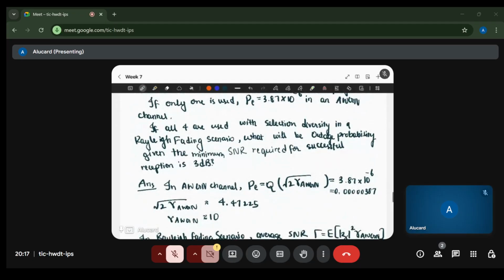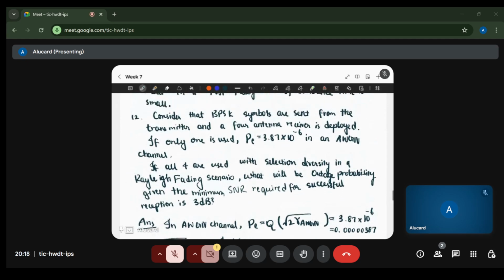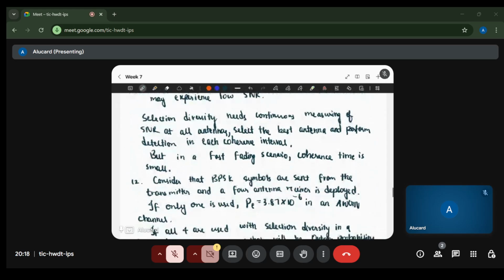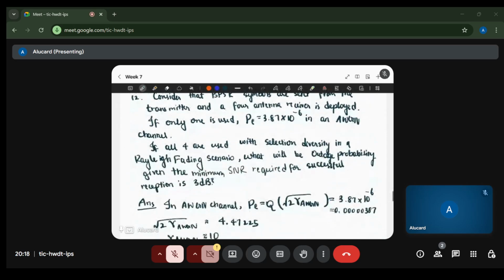The given PE is Q of square root of 2 gamma AWGN. So the SNR at which you are transmitting your signal, you can find that from the formula for the AWGN channel.